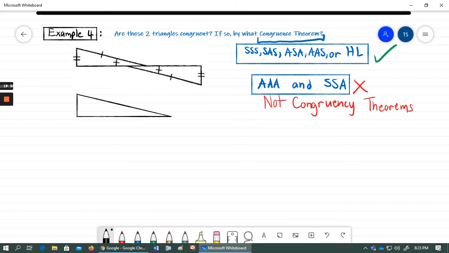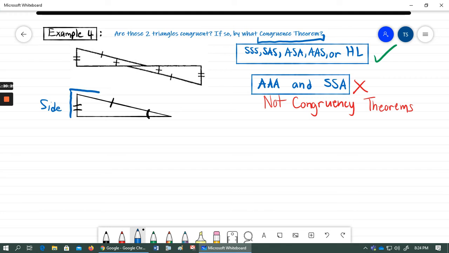Guys, they do have matching congruency marks. But again, if you look at these congruency marks, you can see, if you follow along the triangle, the first congruency mark that you get to is for a side, right?